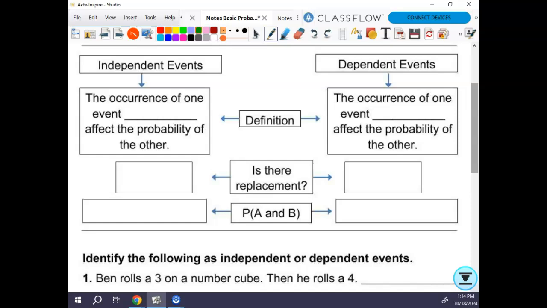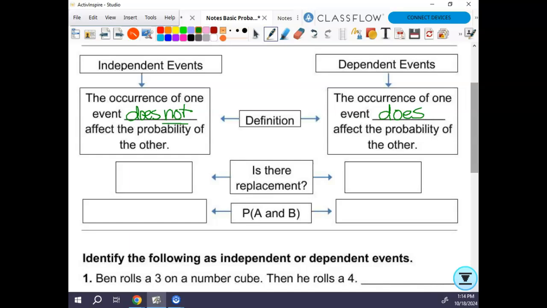They have absolutely nothing to do with each other. If I have independent events, the occurrence of one event does not affect the probability of the other. That's the actual definition of that. With dependent events, the occurrence of one event does affect the probability of the other.